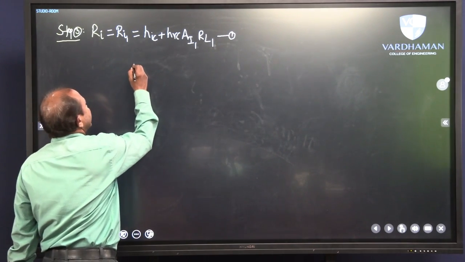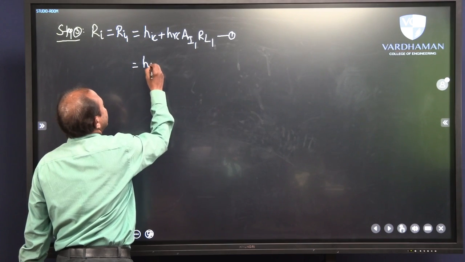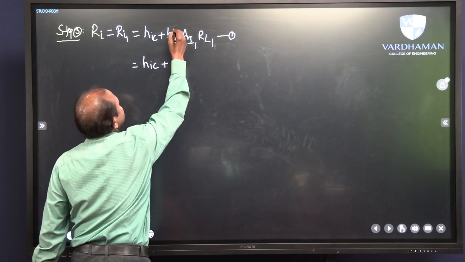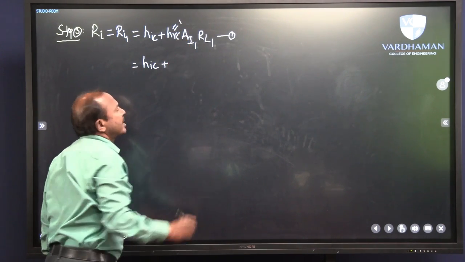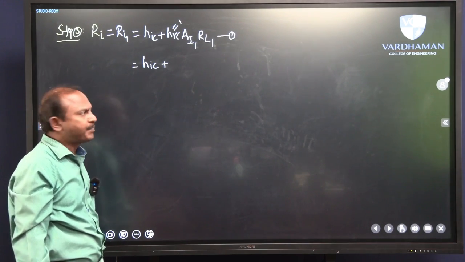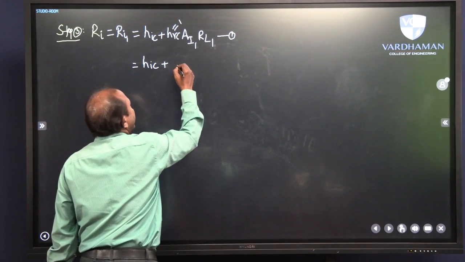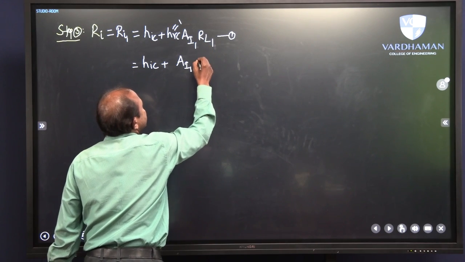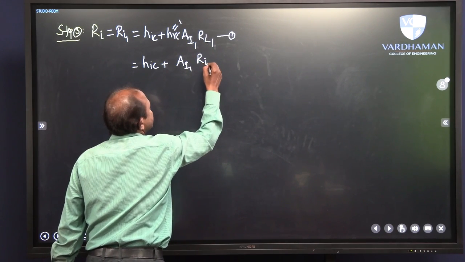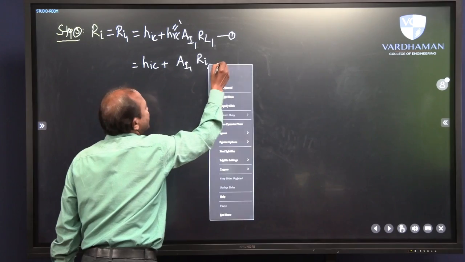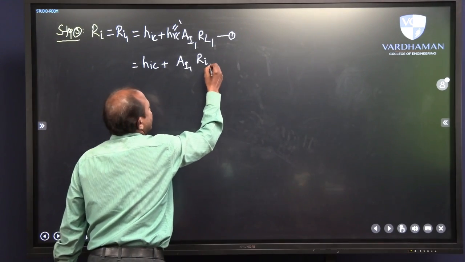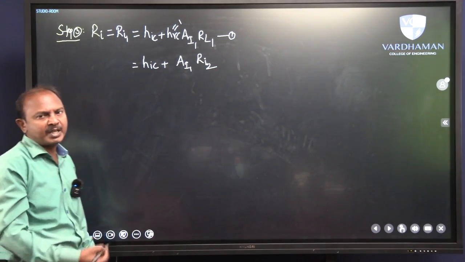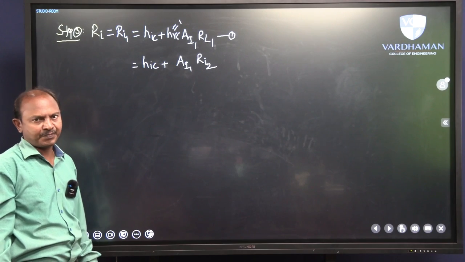Then we can write it as hic plus, of course, hrc is equal to 1 according to h parameter conversion formula. Then you keep AI1 as it is. Then RL1 is nothing but Ri2. Output load resistance of first stage is nothing but input resistance of second stage.